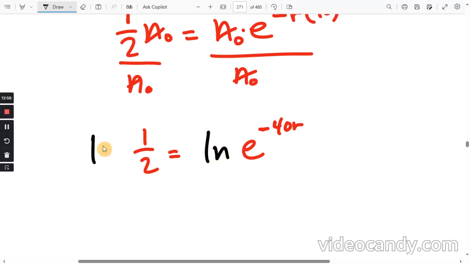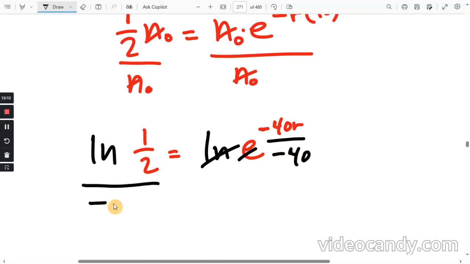Natural log on both sides. This is log base e. This is a base e. So those cancel, and you're left with the exponent. ln of 1/2 equals negative 40 times r. The opposite of times negative 40 is divided by negative 40. The negative 40s now cancel, and we are left with the r. This is your r right here.